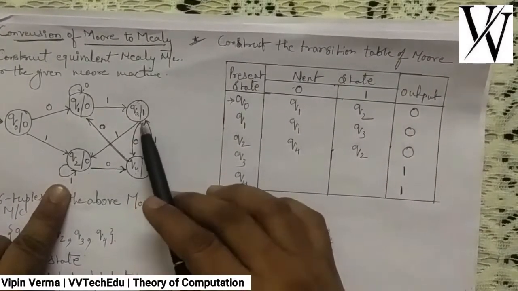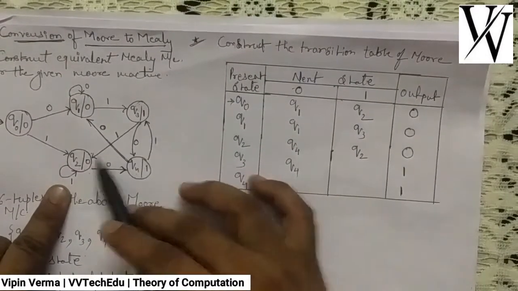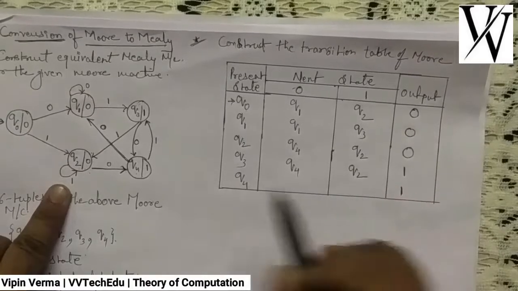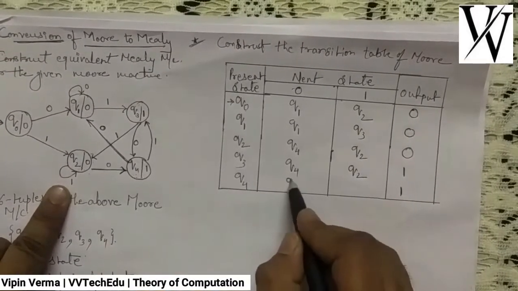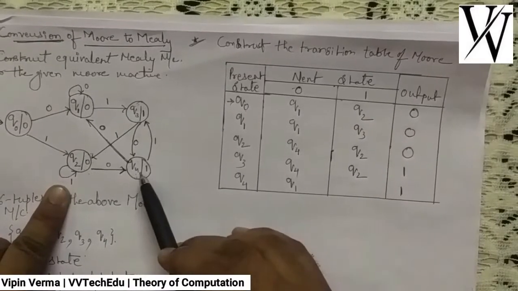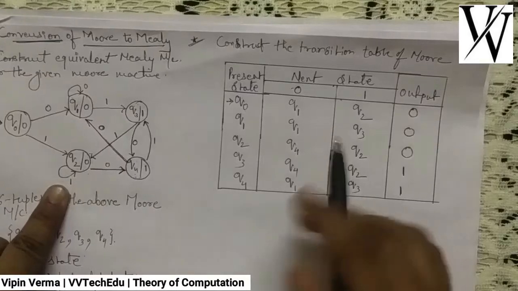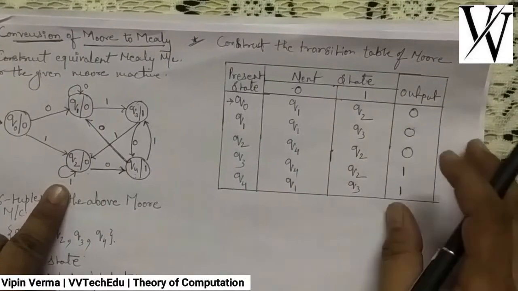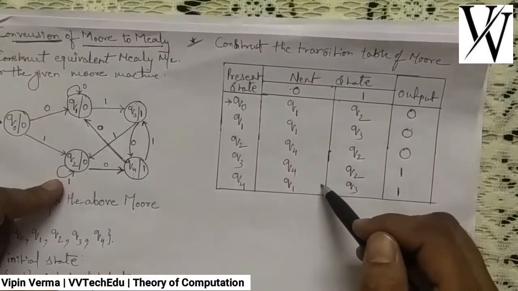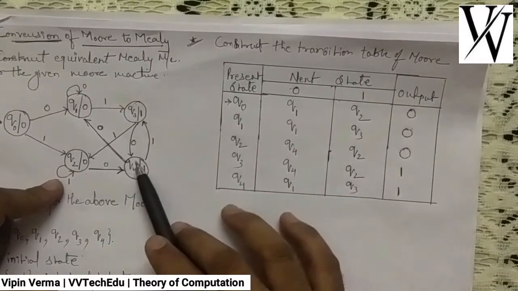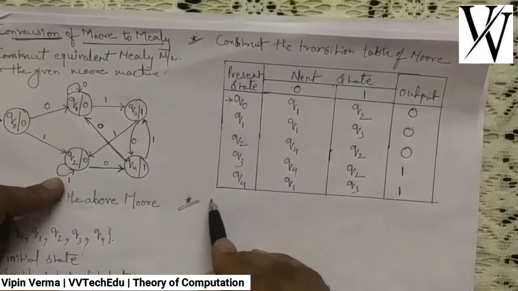Then Q3 state, for 0 it transits to Q4, and for 1 it transits to Q2. Now Q4 state, for 0 it moves towards the Q1 state, and for 1 towards the Q3 state. This is what we call the transition table representation of the given Moore machine.